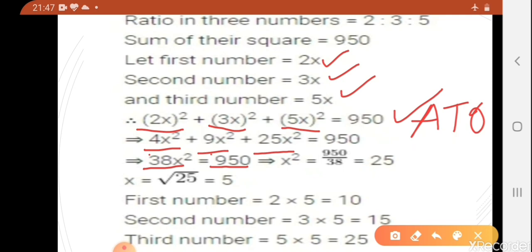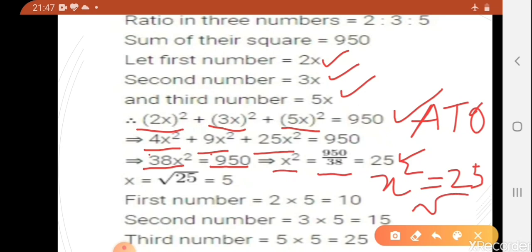Then we can write x squared will be equal to 950 by 38, which is equal to 25. In the previous question also we discussed, when the square goes to the other side, it changes into a square root. Therefore, we can write x is equal to root 25. Now, when we take out the square root of 25, it will come 5.